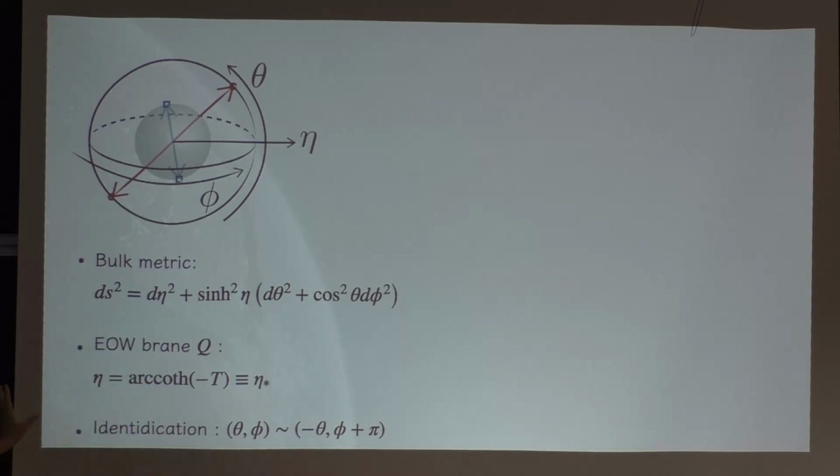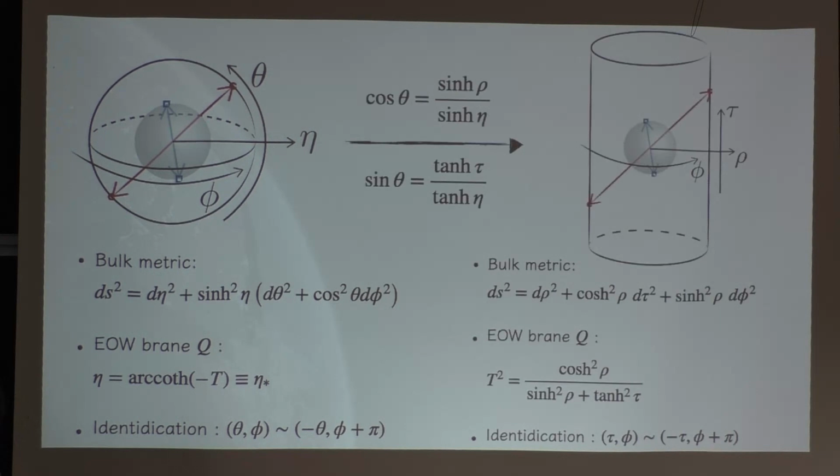Here I wrote down the metric and the location of the end of the world brane. Let us do a coordinate transformation to change it to another coordinate. And in the new coordinate, the boundary dual is naturally identified as a Z2 quotient of an infinite cylinder.